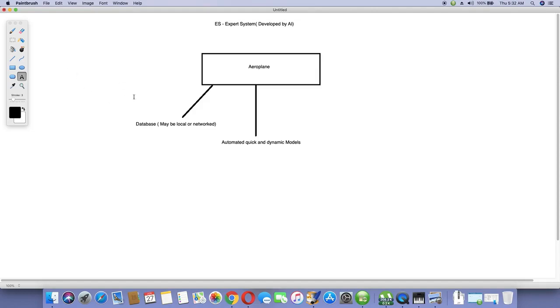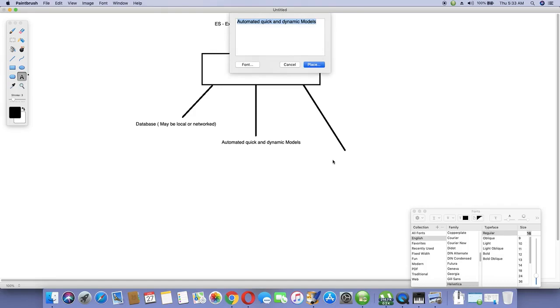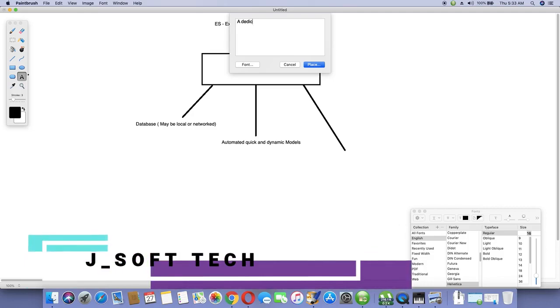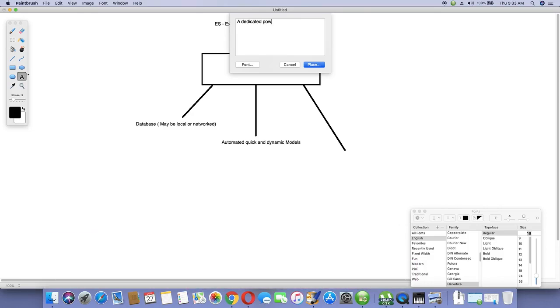Now there are the database and the automated, quick, and dynamic models. In another part, there should be a dedicated power supply for ES.